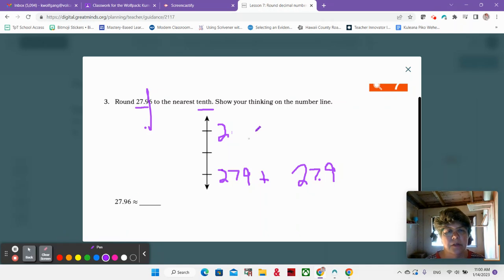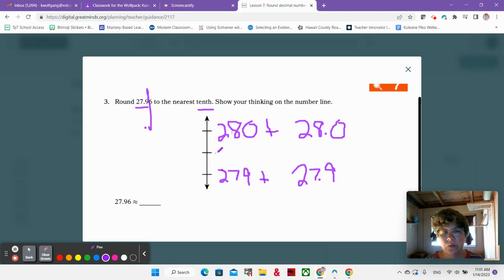Okay, so 280 tenths, also known as 28 and 0/10. So you noticed that we went from 27 and 9/10 up to 28. So we're going to the next whole number.